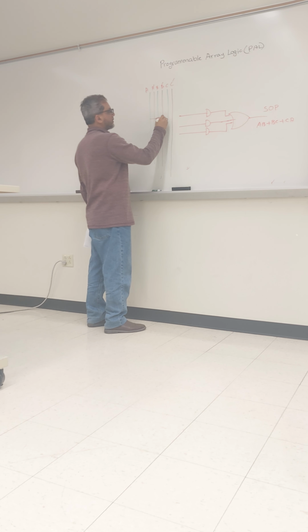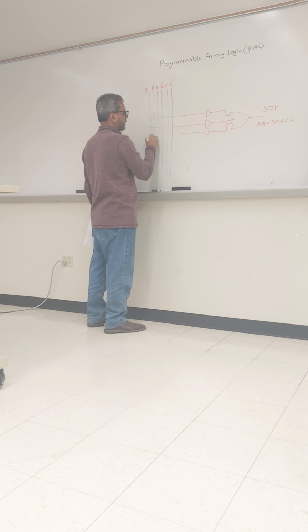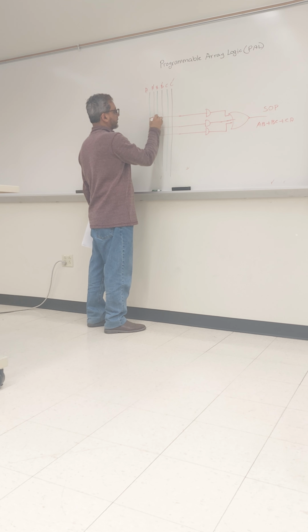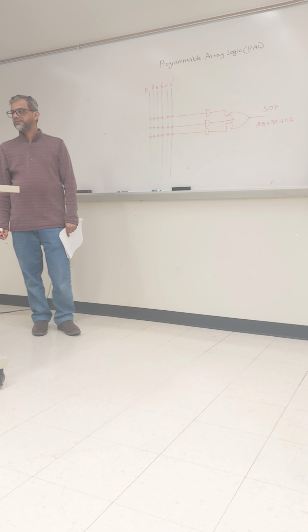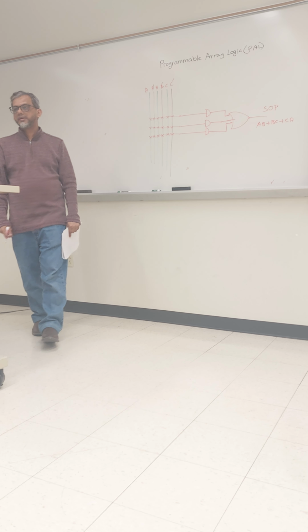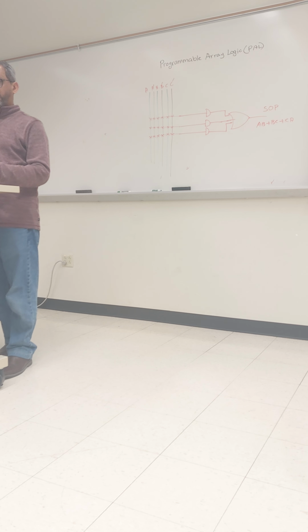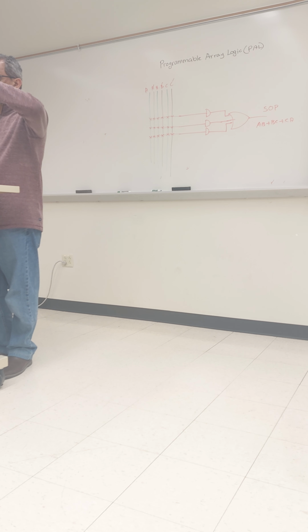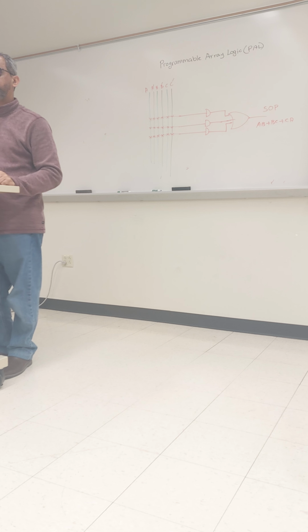Now we will give all the connections. Initially, there will be connections from all the true and complementary forms. Initially, all are connected. Then we already know connected means there is a fuse between the source terminal and the column line. Then according to our program, we can supply a high current so that we can burn down the fuses to make it logic 0.